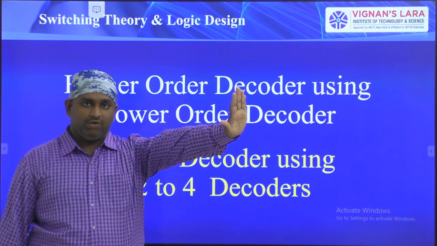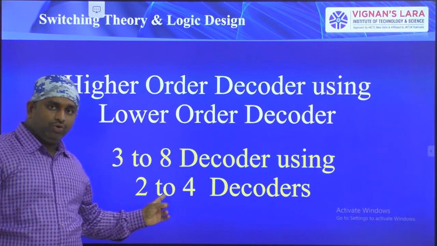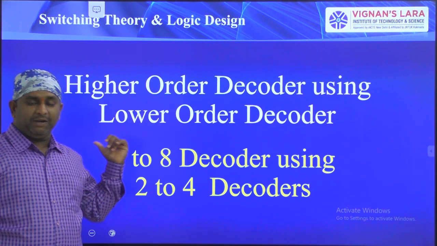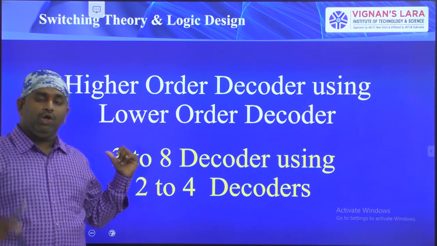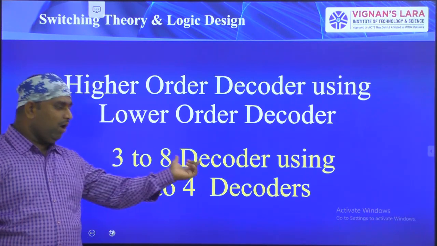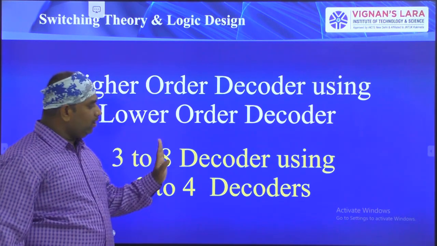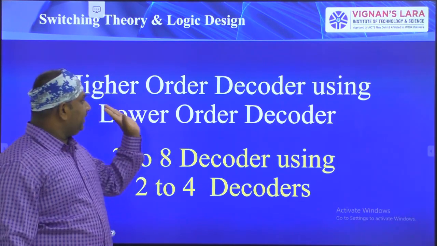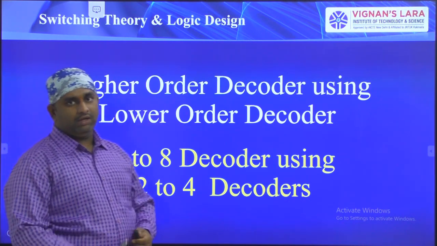That is the main criteria, and you have to use 2 to 4 decoders. Previously we saw the 3 to 8 decoder. In place of the 3 to 8 decoder, you have to use 2 to 4 decoders. So the same 3 inputs you have to give and 8 outputs we have to take. That is the logic we have to develop in the next class: higher order decoders using lower order decoders. Okay, right. Thank you.